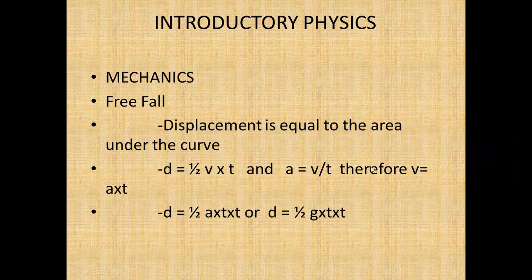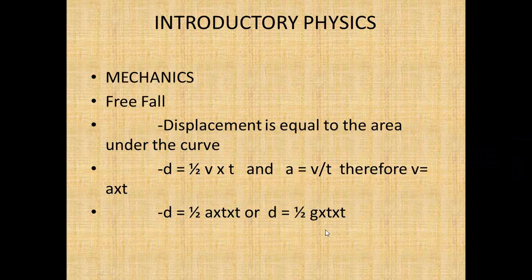Initial velocity is zero, so the final velocity is equal to acceleration times time when you rearrange this equation. If you plug this v inside here, because v is equal to acceleration times time, you get this. So the displacement is equal to half acceleration times time. The displacement is equal to half g, which is acceleration due to gravity, times time.